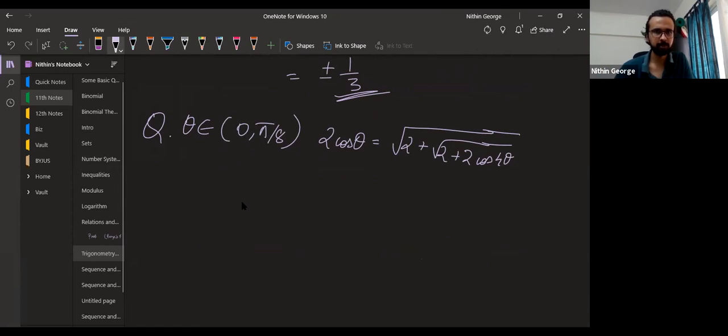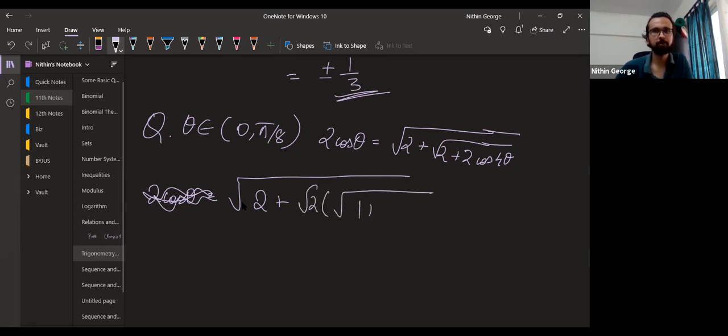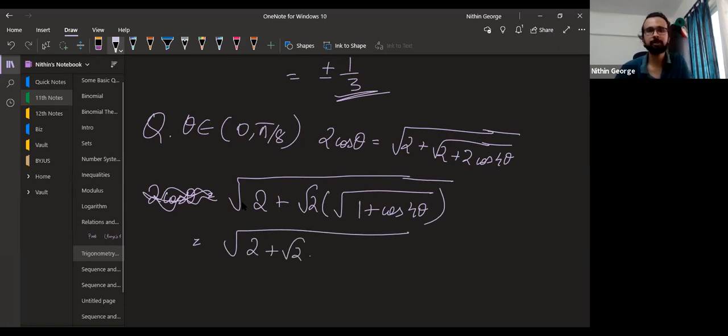Okay, we'll just look at the RHS first. 2 plus, I'll take root 2 common outside. Root of 1 plus cos 4 theta, right? Then this becomes root of 2 plus root 2. What is 1 plus cos 2 theta? 2 cos square theta.